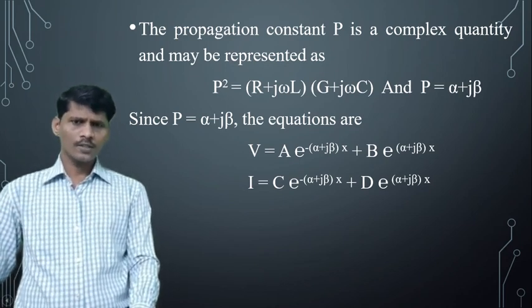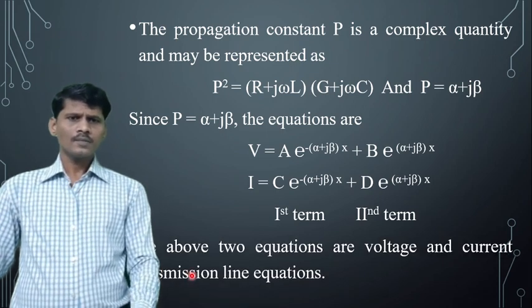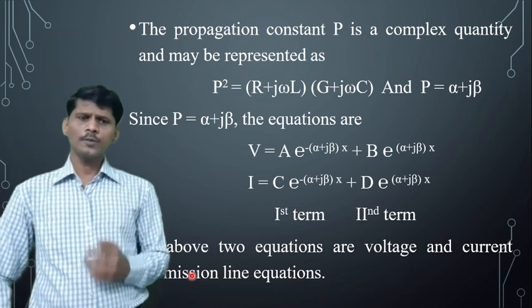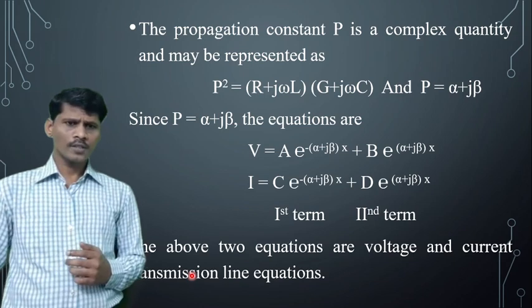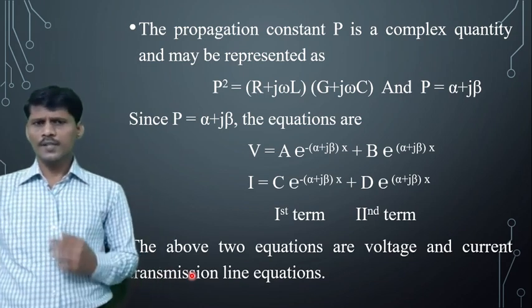And the current equation, I is equal to C into e power minus alpha x into e power minus j beta x plus D into e power alpha x into e power j beta x. The above two equations are the voltage and current equations of a transmission line.